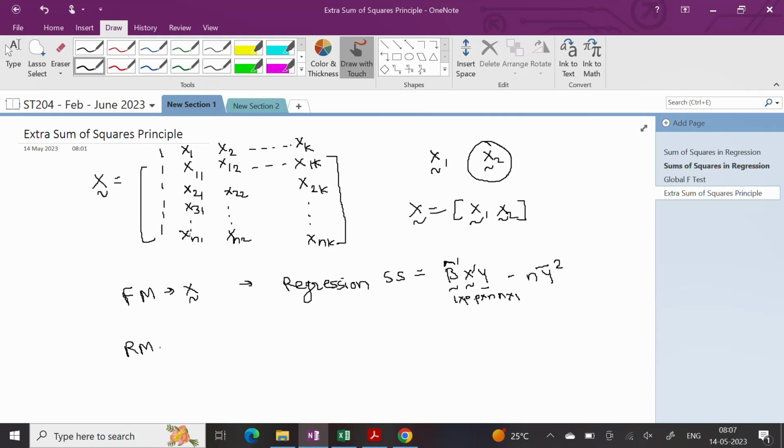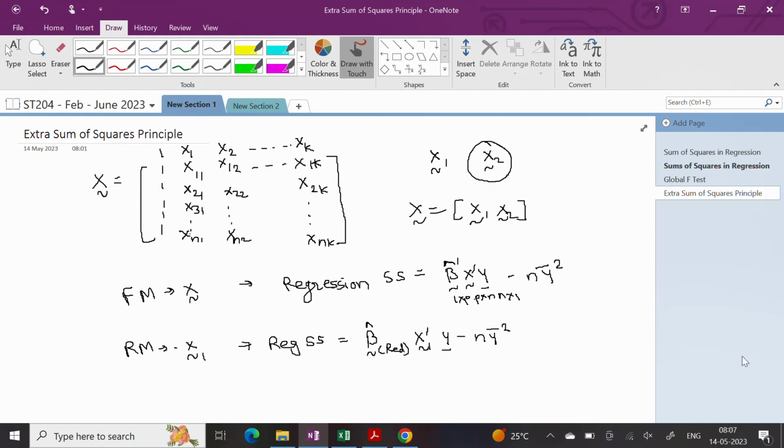Now we consider the reduced model, the one where the redundant variables are dropped. For this reduced model, my regressor matrix is simply X1. So the regression sum of squares corresponding to this reduced model will be beta hat prime based on this reduced model. Let me call it beta hat prime red. Then this X1 prime y remains the same, and since y remains the same, y bar also remains the same.